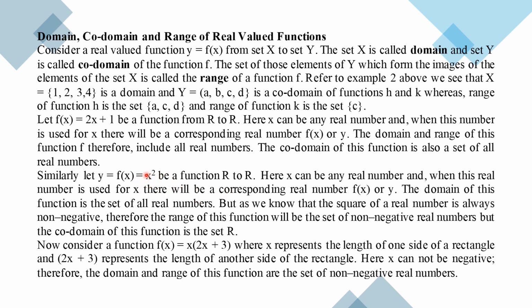But by replacing x, the y value or f of x value must be a square, so it must be non-negative. So the range is the non-negative real numbers. The square of a real number is always non-negative. Therefore, the range of this function is the set of non-negative real numbers. But the codomain of this function is the real numbers.